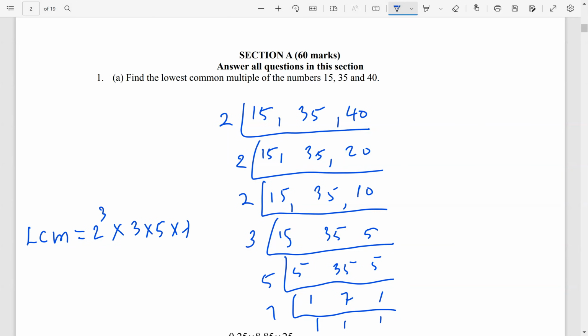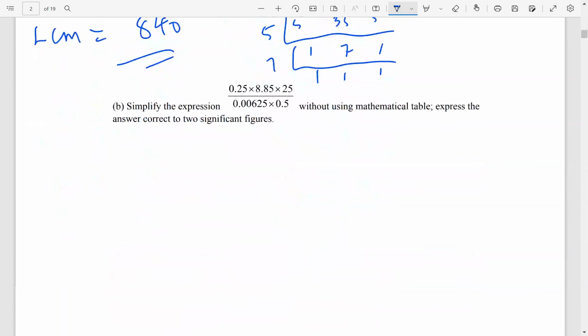We get LCM is 840, dear students. So that is the lowest common multiple of three numbers.